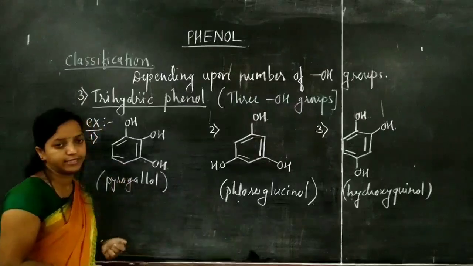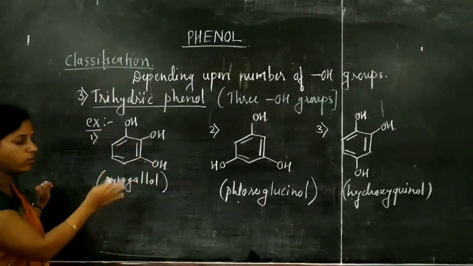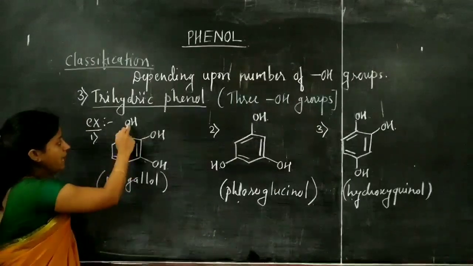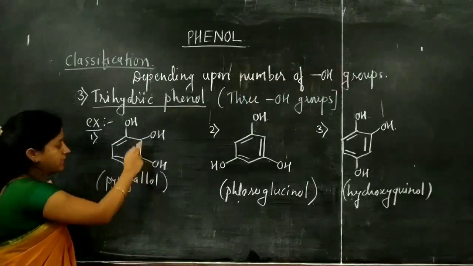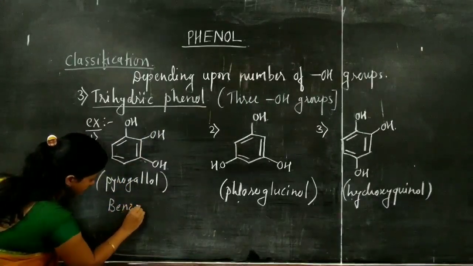Let us see the IUPAC names. As I told, there is no prefix here, only the root word along with the suffix, that is the secondary suffix. The root word here is benzene.